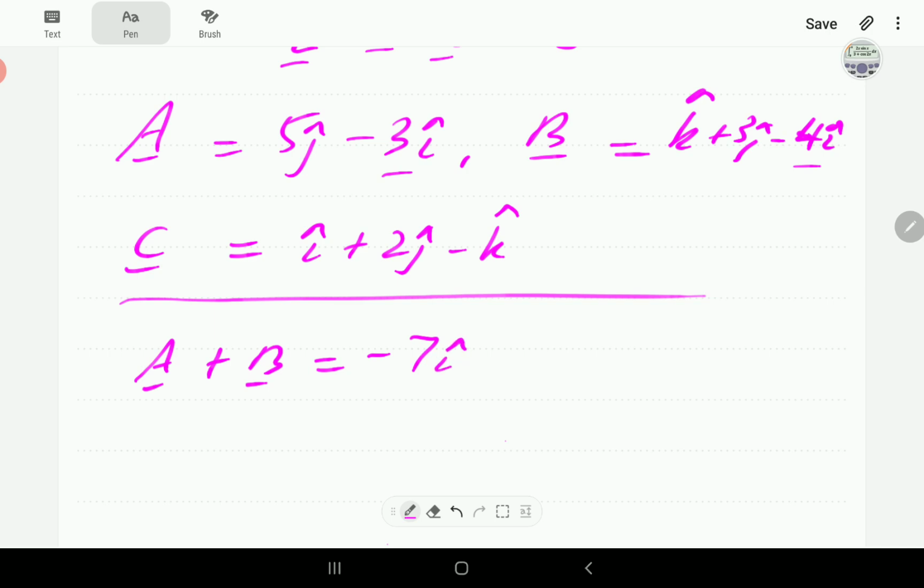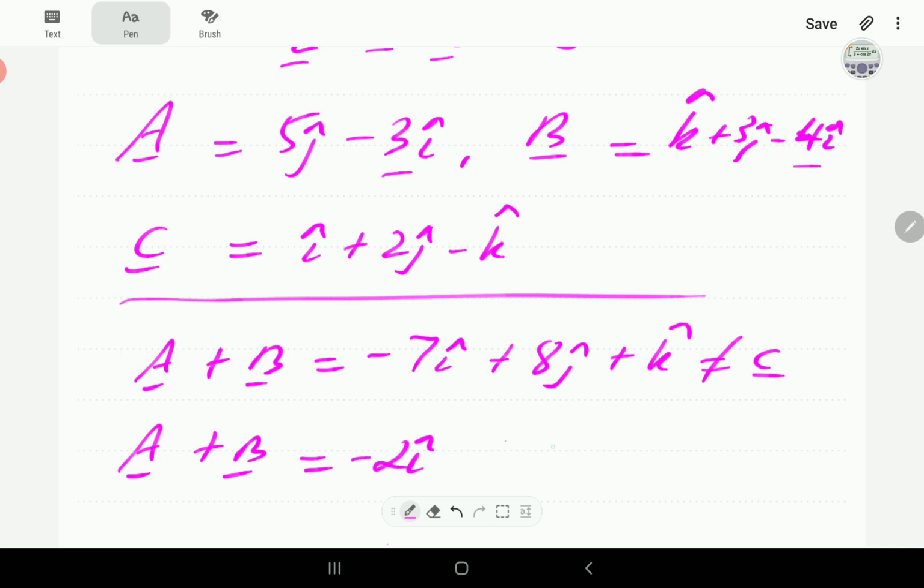The j's are 5 and 3, going to be 8j, and then just that k, and this is not equal to C. So let's do A plus C, and if that doesn't work, then the final one is B plus C. So A plus C, the i's: minus 3 plus 1 is minus 2i.